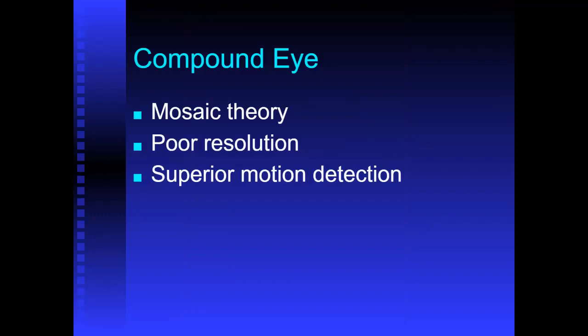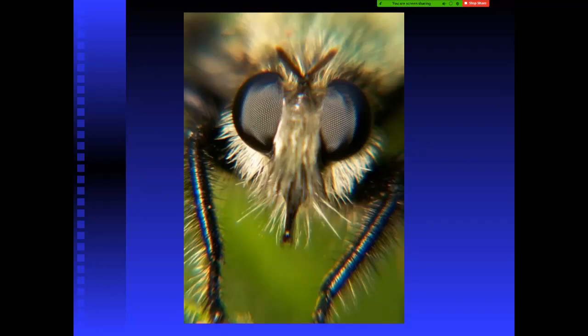So they're not really sure how well insects can see. They have different ideas, like the mosaic theory, that each one of these eyes helps put together a picture, or that they may have individual pictures, and it's not really clear how good their resolution is.